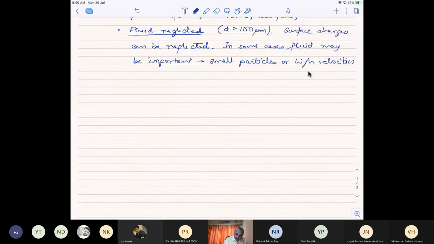So if you look at where granular materials come, I've already given you examples, so you can guess. But there are many places where granular materials are processed in industry.